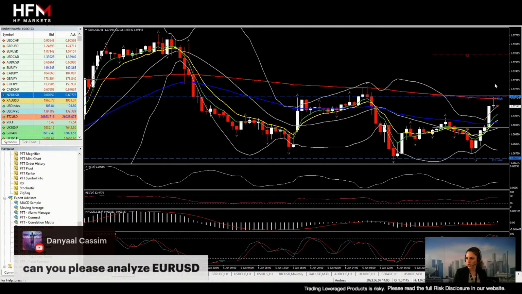Euro dollar. So with the dollar lightly lower, lacking appetite, we have seen euro gaining some ground against the greenback. So unfortunately, it's all about the dollar lacking today.